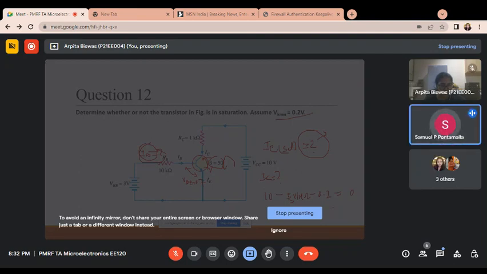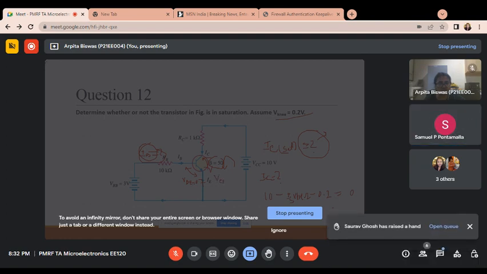Madam, VCE is the voltage between the collector and emitter. So is it the input voltage, madam? No, here the knee voltage is not the input voltage. It is the VCE value when IC is in saturation; at that time the voltage is 0.2.